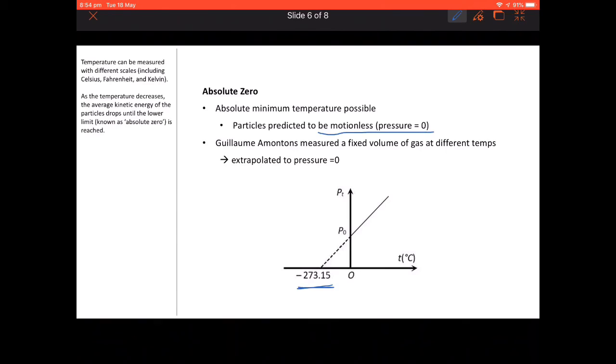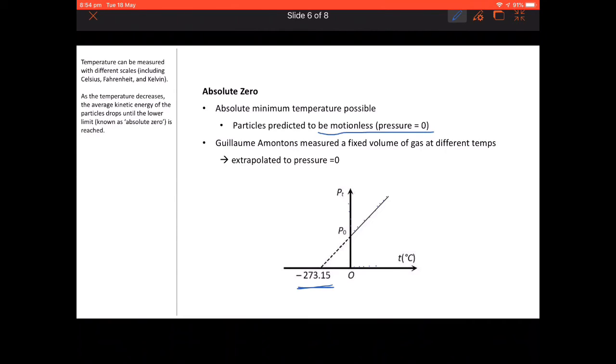Just to elaborate on the experiment that this person would have conducted, these temperatures up here would have all been experimentally determined. The volume of gas is fixed, these are the different pressures up here, and then the increasing temperature.